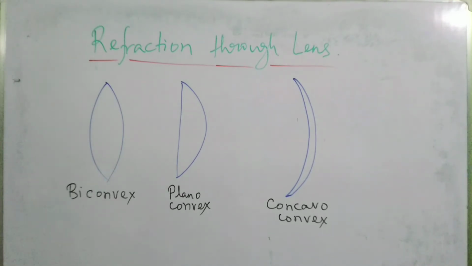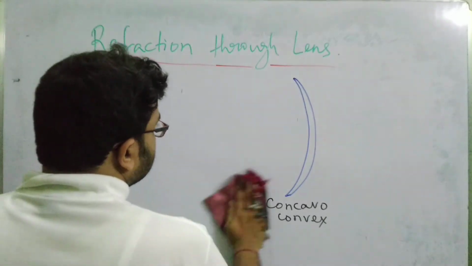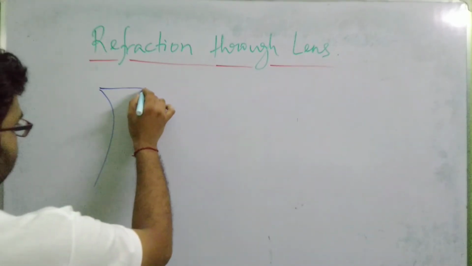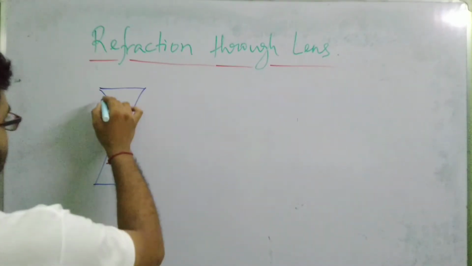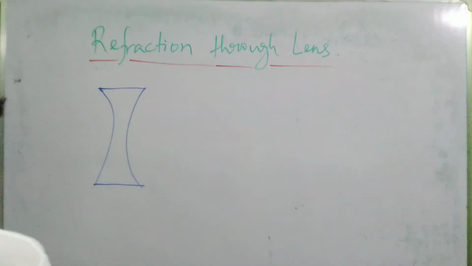And if I consider the kinds of concave lens, what are they? Let us see through the diagram. A concave lens is something like this, as you have seen in the previous figure. It is thick at the edges and thin at the middle.